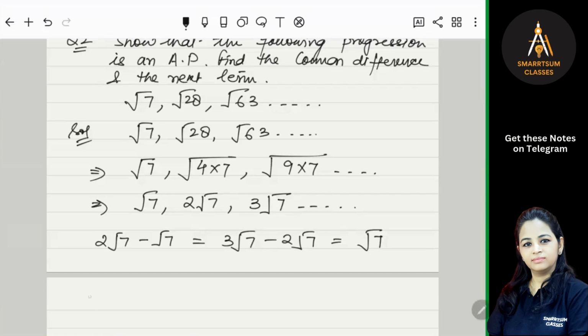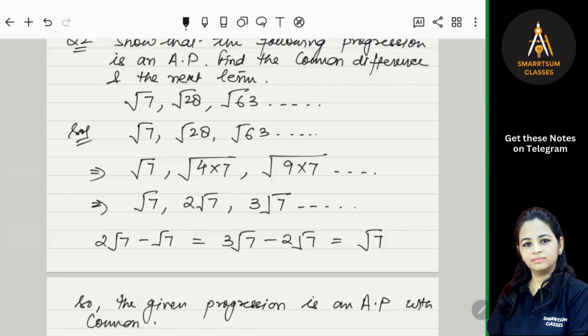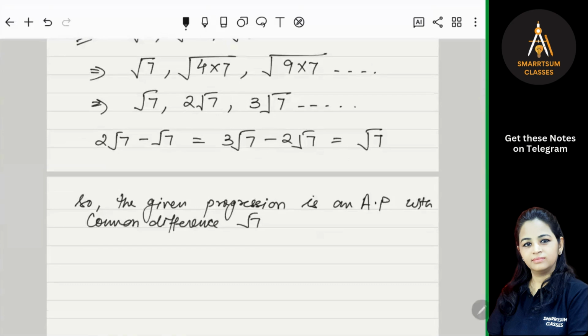Right? So the given progression is an AP, arithmetic progression. Right? With, what is the common difference? With common difference, root 7. Okay. So root 7 is the common difference between the two consecutive terms.